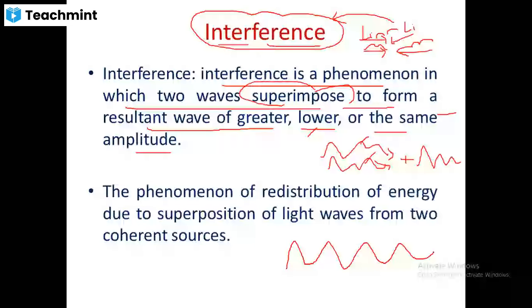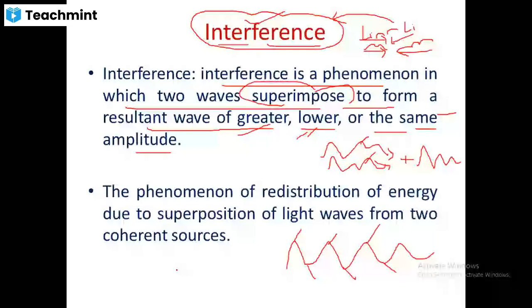You can see at some places the intensity is increasing, then decreasing, increasing, decreasing. So this phenomenon of light, where two waves are combining together, is what is called interference.